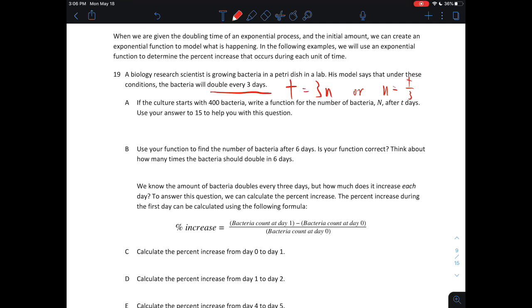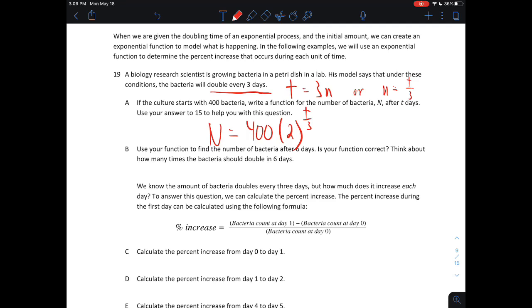So t is here standing for days instead of years, but the concept of how we can use the 3 is still the same. So now number of bacteria, capital N, is equal to initial amount, 400, times, since we're doubling, 2, and then now the power is t divided by 3. Notice how this form is exactly the same as what we saw in number 15, just different initial amount and different applications. So we're not using money and we're not using years, we're using bacteria count and days.